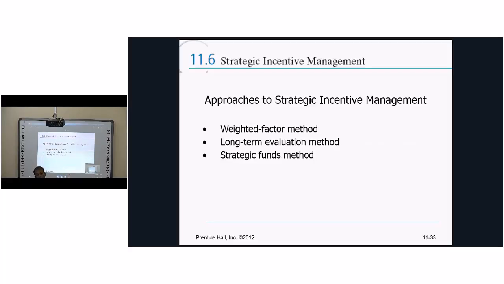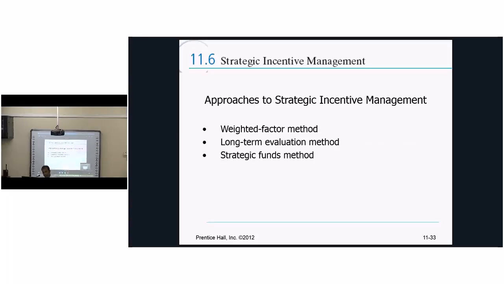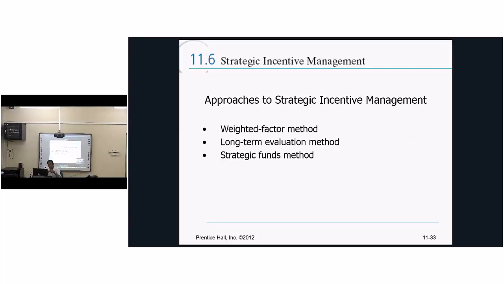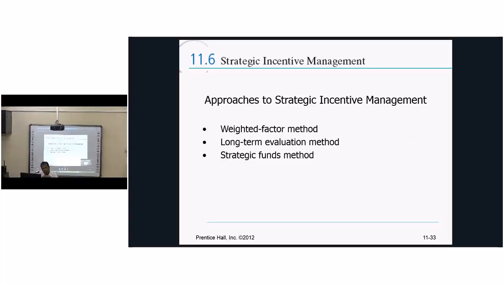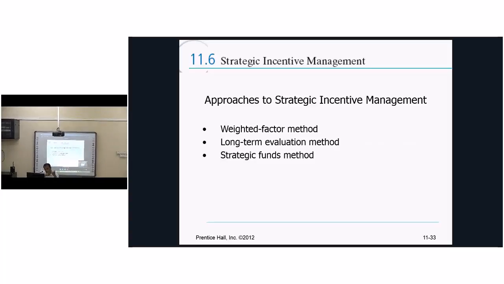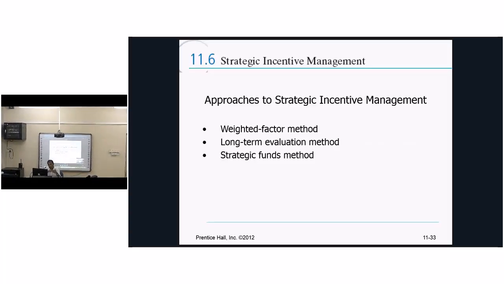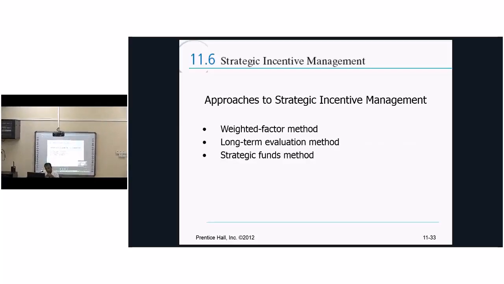Some organizations may decide to give 80% to sales and 20% to collection. That is what is known as the weighted factor method. Then there's a method called the long-term evaluation method, especially if you are in corporate sales. Your performance can be measured not only on sales, but on how many contracts you get renewed. That is one way.